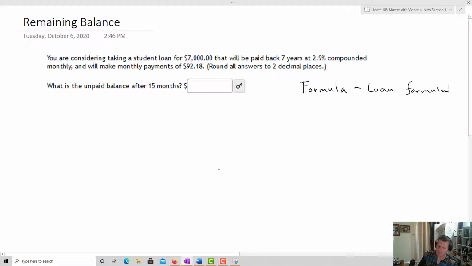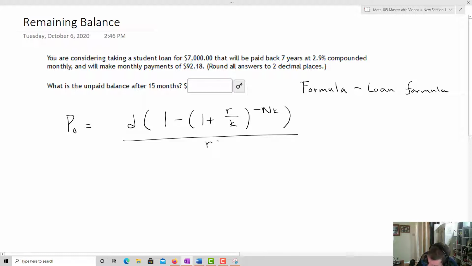All right, so what I have is P naught equals D times 1 minus 1 plus R over K to the negative NK, divided by R over K. We need a couple things here.